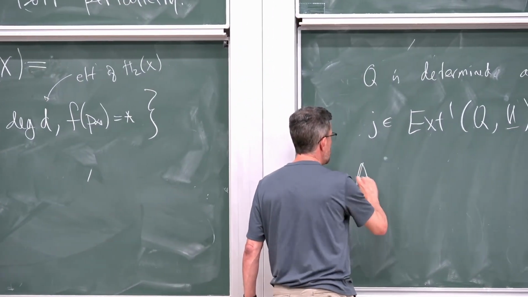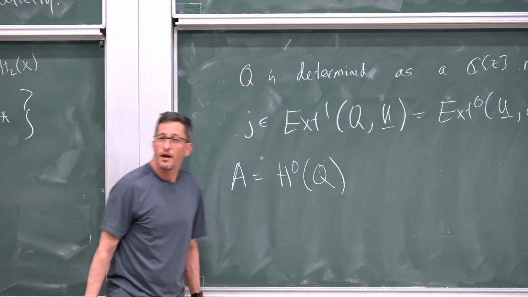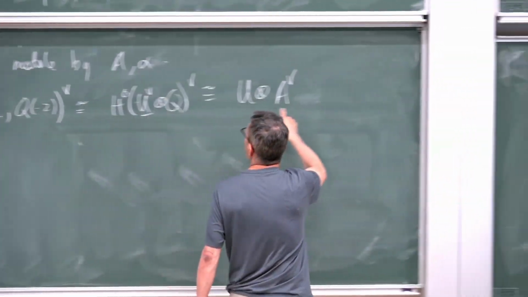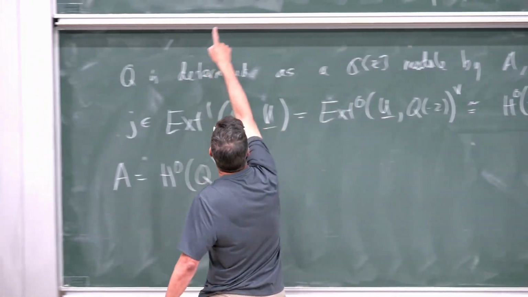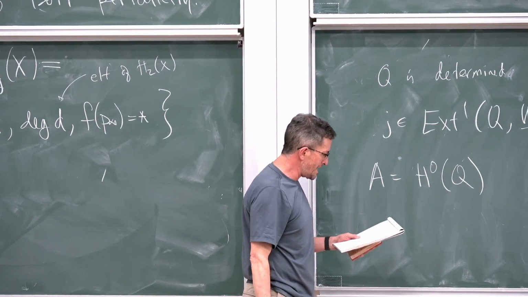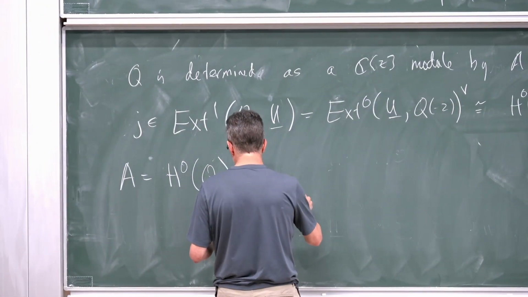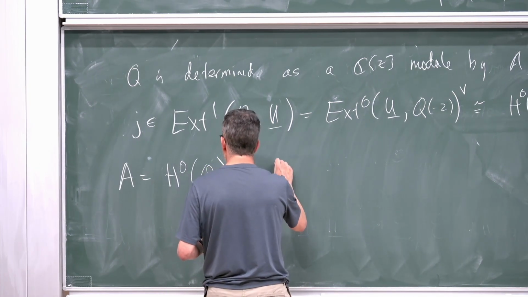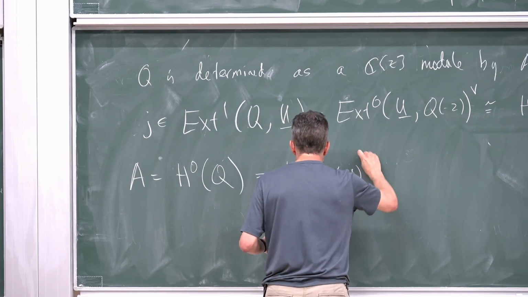A is H0 of Q, the underlying vector space of Q, right? And this is now a homomorphism from A to U. All right, and I should also observe that if I tensor this sequence by O(-1), I also see that this is the same vector space, and use the long exact sequence, this is the same thing as H0 of E(-1).